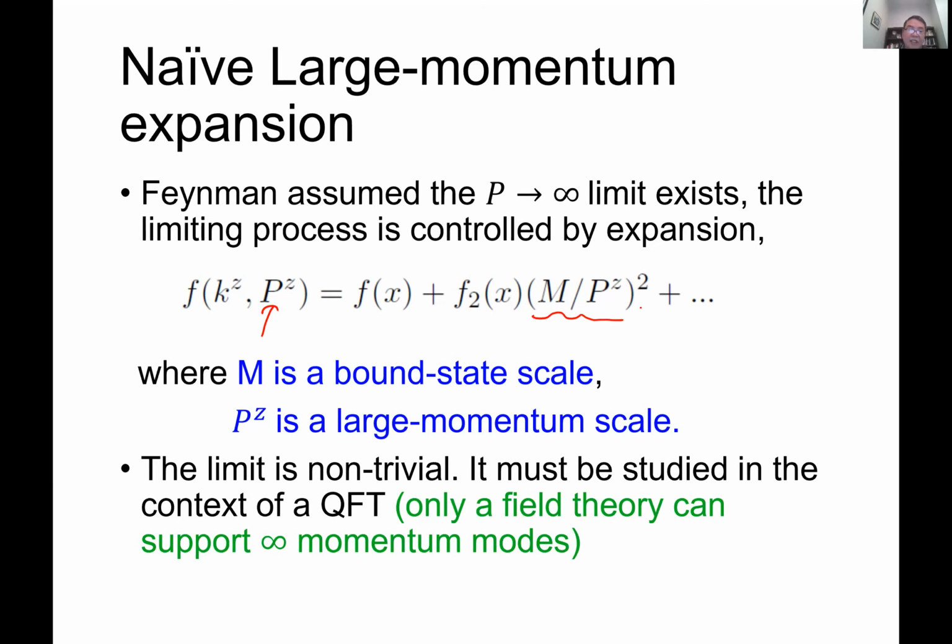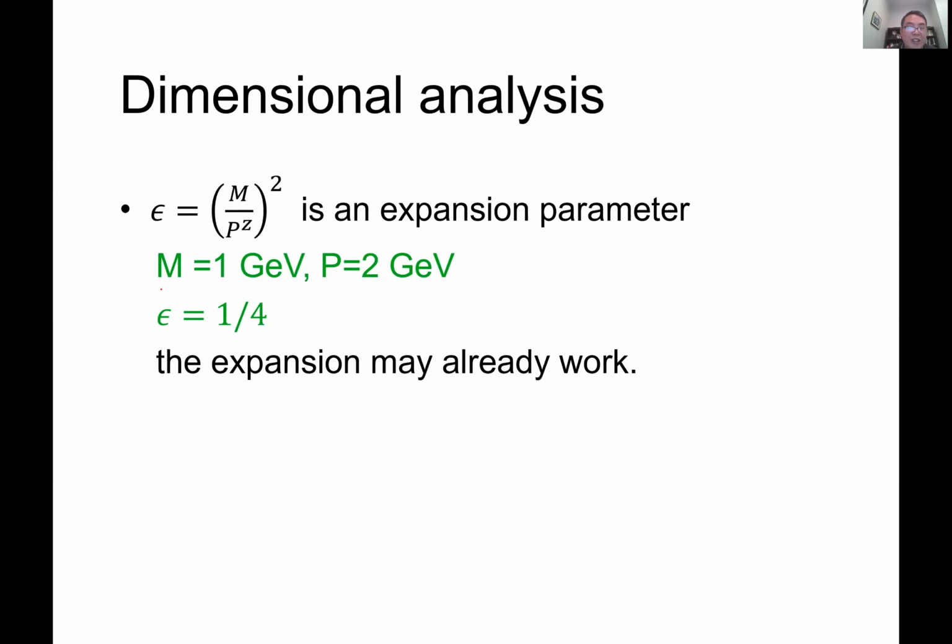Now, in a quantum, okay, so I think my slides got a little out of place. But in any case, this is the expansion parameter if the limit exists. So you can ask yourself, how good is this expansion? Let's assume that naively this limit exists. And so if you have a hadron mass scale of 1 GeV, and if you have a momentum equal to 2 GeV, then m over p is 1/2, and the expansion parameter is the square of this.